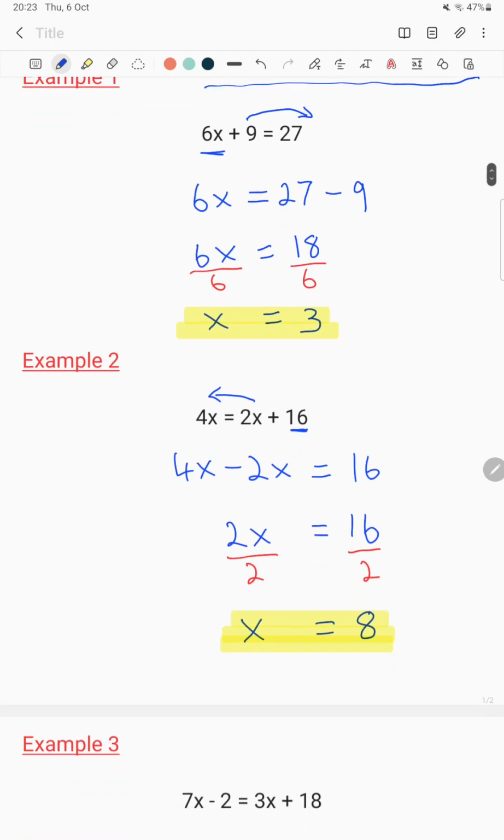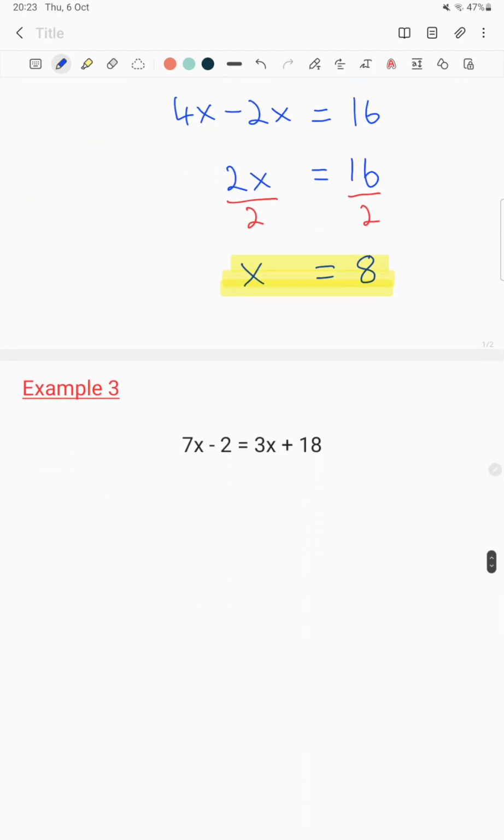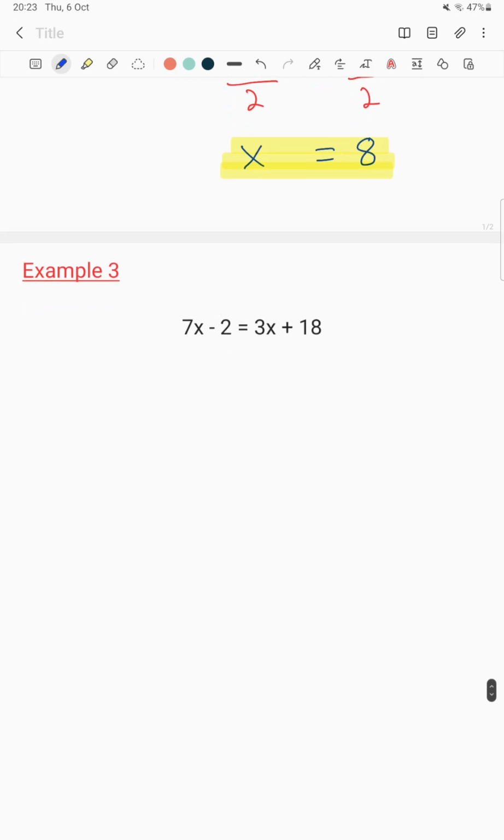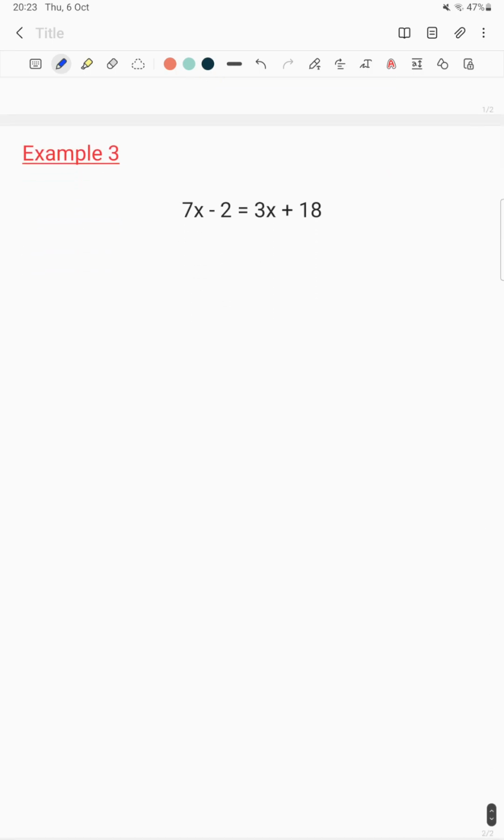Okay, the final example I'm going to do is this one. It's a little bit more complicated. It just has extra terms in it, but it doesn't change how we solve them. We just have to move more things. In this one, I've got 7x, which contains a letter, so that's going down on the left-hand side.